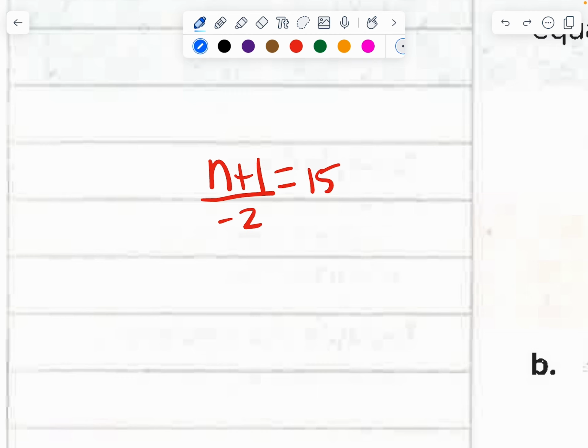And we're actually going to be calling this clearing the fraction. When we've cleared the fraction on this, that means I want to get rid of the denominator. So right now there's only one denominator. So I'm going to multiply both sides of the equal sign by negative 2.